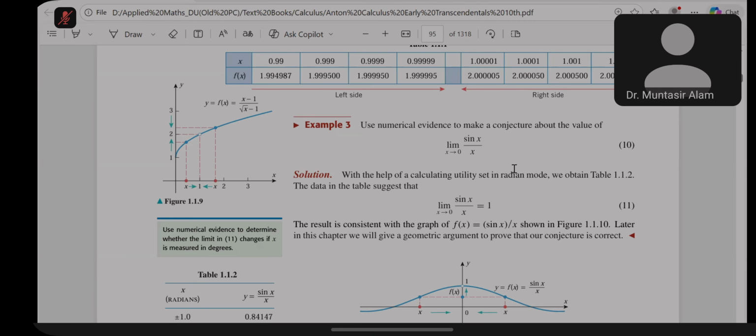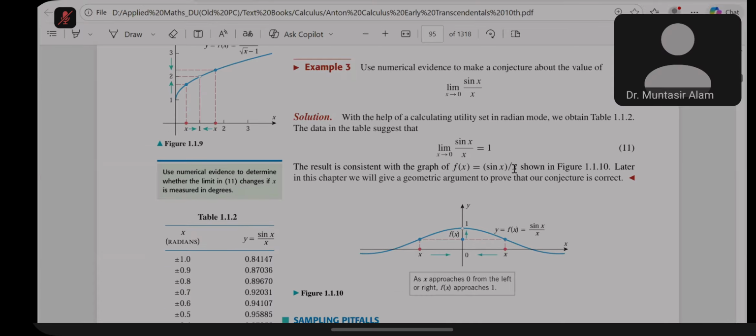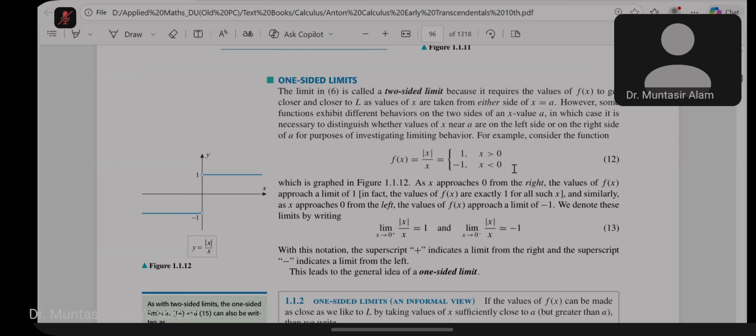But the function is not defined at that point, because if we put x equal to 0, then it becomes sin 0 by 0, which is an indeterminate form, that is 0 by 0 form, which is not permissible. So the function value does not exist, but still the limit exists at that point. All right, so you can take several examples from the textbook.